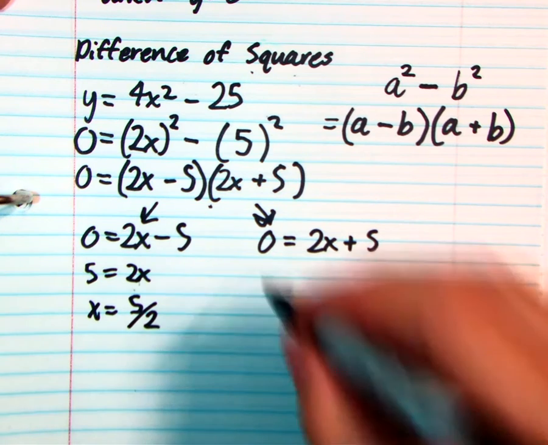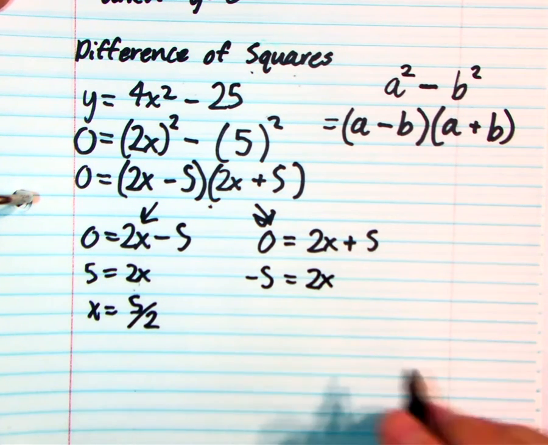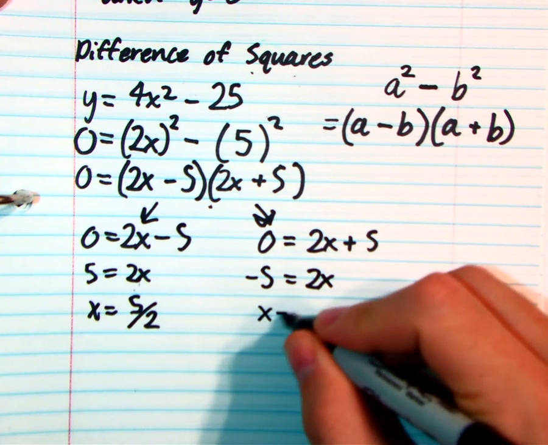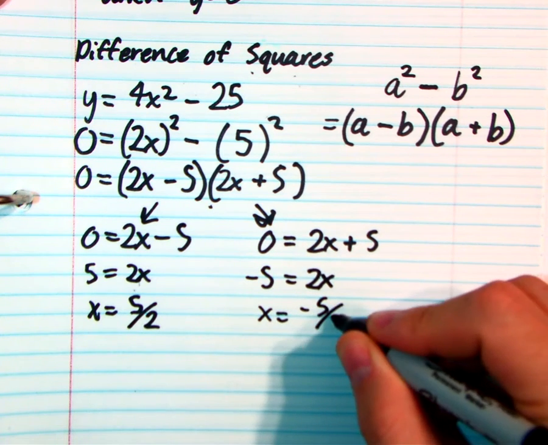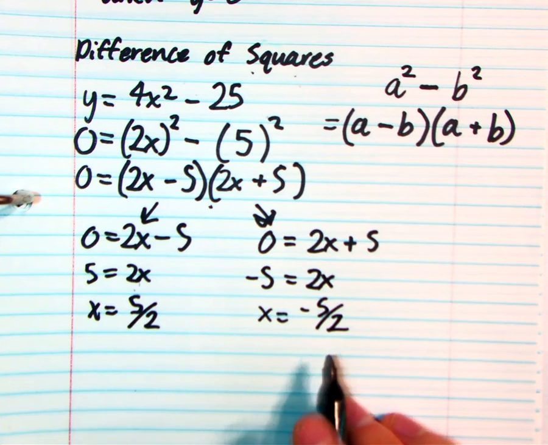In this equation, negative 5 is going to equal 2x when I subtract 5 from both sides, and x is going to equal negative 5 halves when I divide both sides by 2.